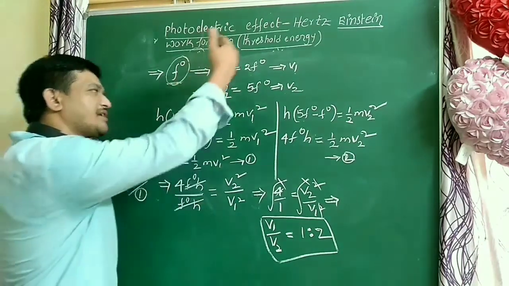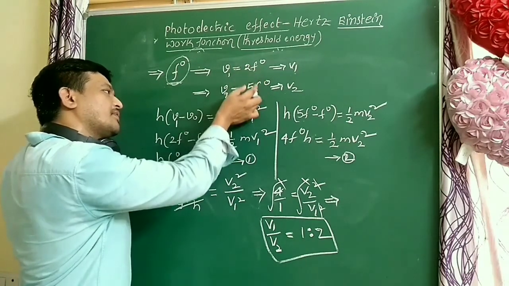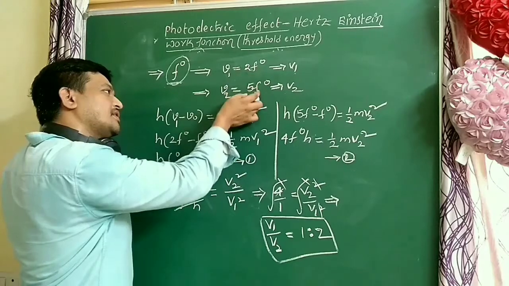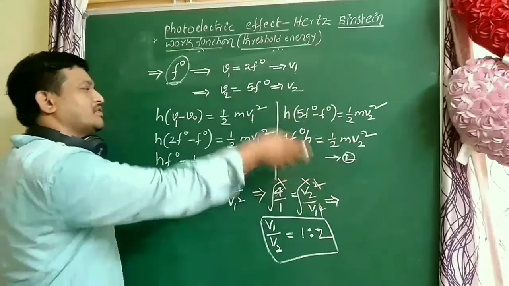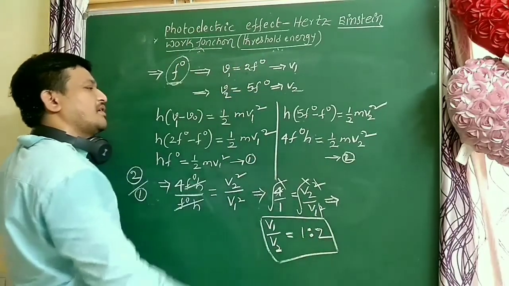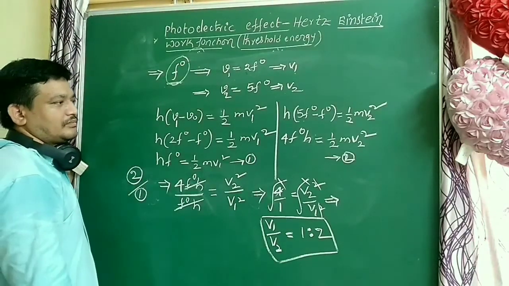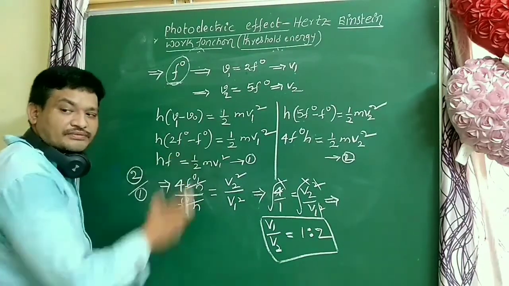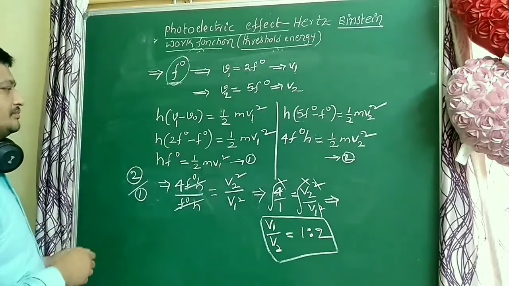Here different values are also given, for example 4, 5, 10, 20, to calculate the velocity ratios. Whatever the values given, this is the procedure for calculating velocity ratios. Is it clear, students? Okay, I will explain one more model based on this.